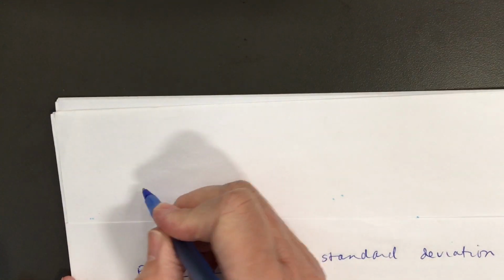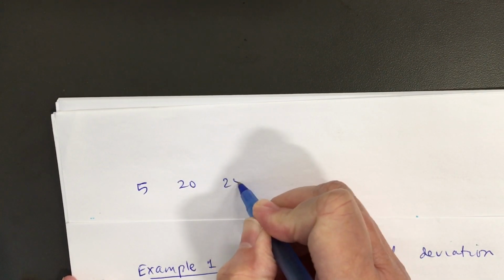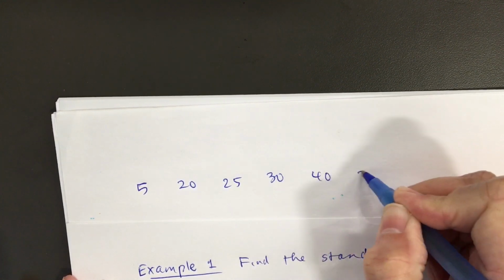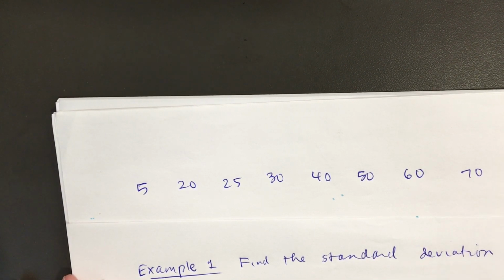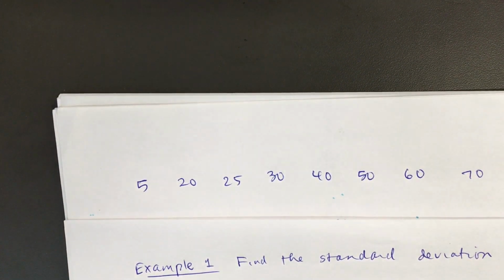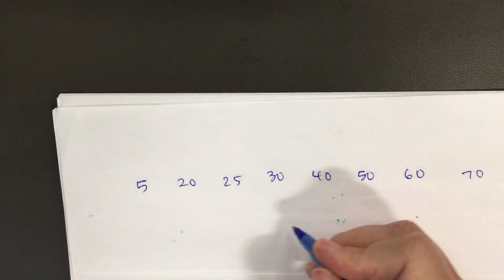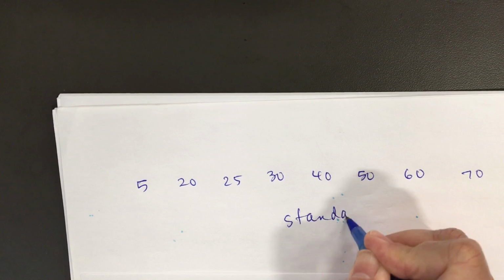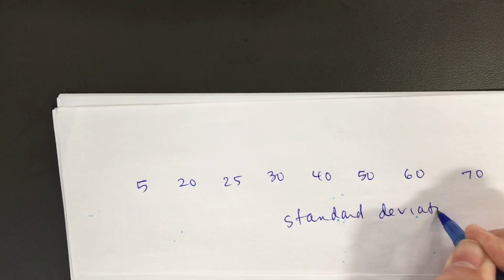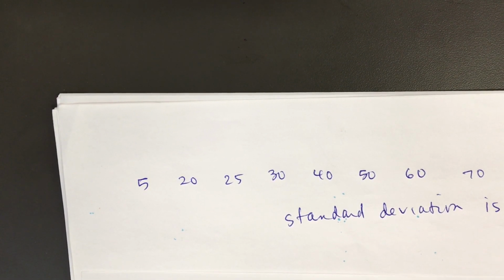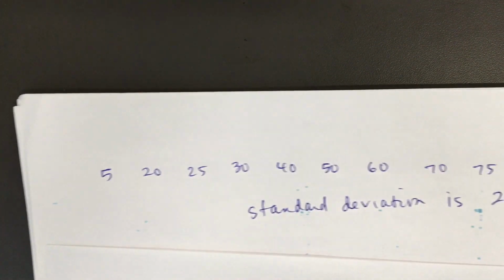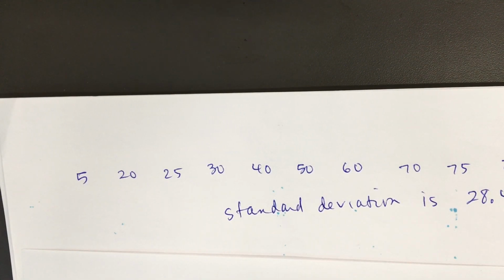Here's my data set, 5, 20, 25, 30, 40, 50, 60, 70, 75, 80, 95. The standard deviation is 28.46. That means that that's an average of how far apart the scores are from the mean.